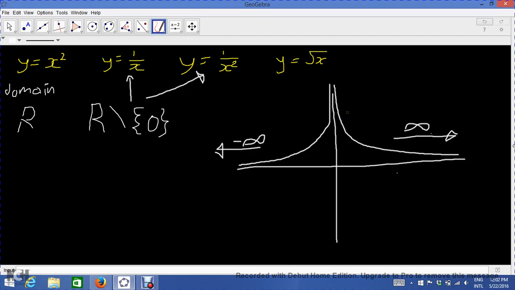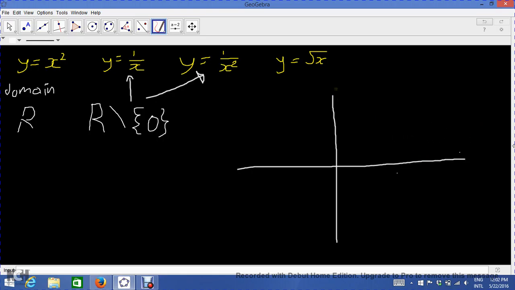Now our square root x function, which is the last one we had a look at last week. The square root function starts from 0 and goes up like that somewhere. So what values of the square root function exist? Well, that's from 0 all the way up to positive infinity.